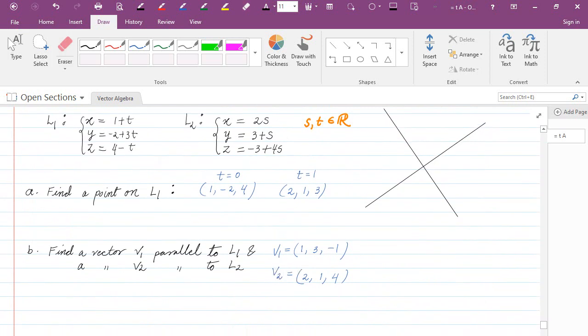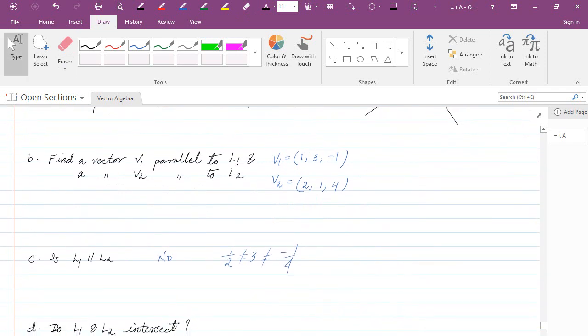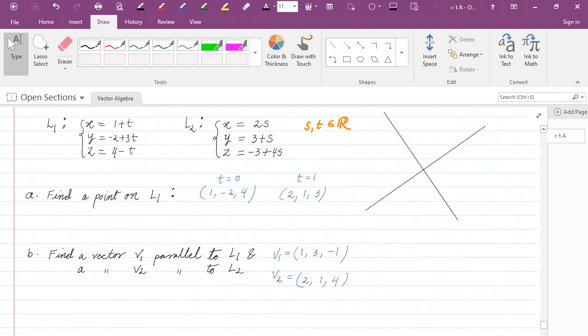How do I check that? Well, I can take the ratio of the corresponding components and see if we get the same ratio. We get 1/2, 3, and -1/4. We don't get the same ratio, so therefore L1 and L2 are not parallel.